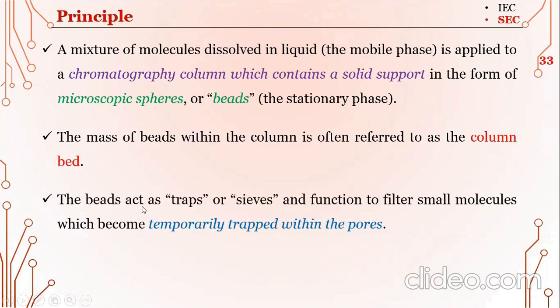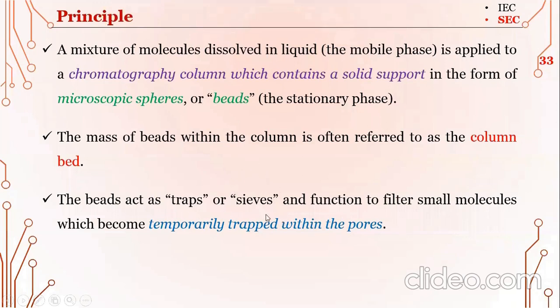The beads act as traps or sieves and function to filter small molecules, which become temporarily trapped within these pores. So these beads will trap the sample molecules. The smaller sample molecules will be trapped in, and the larger molecules will go around the beads.